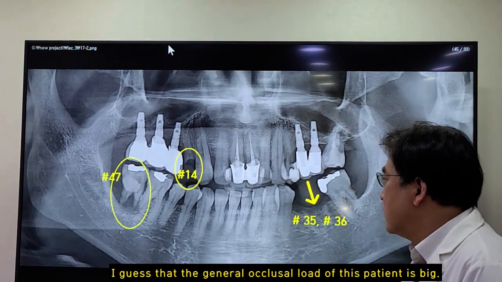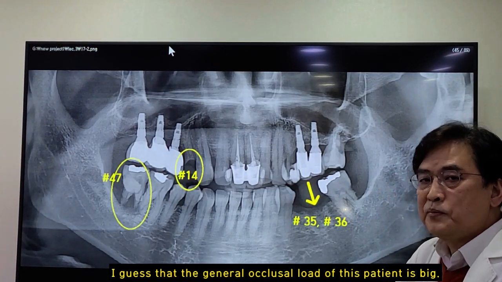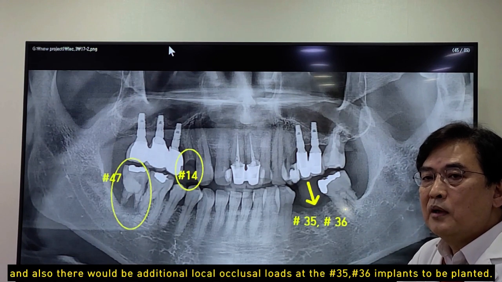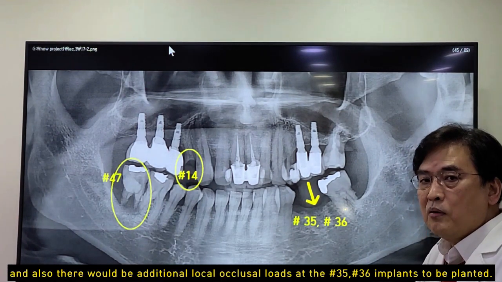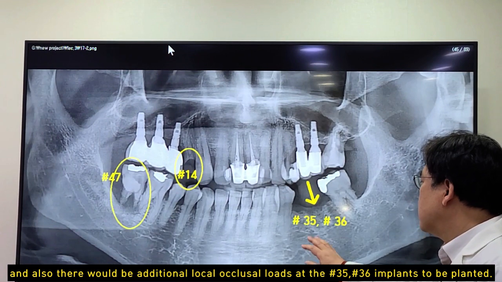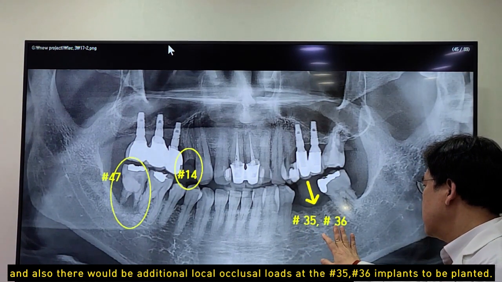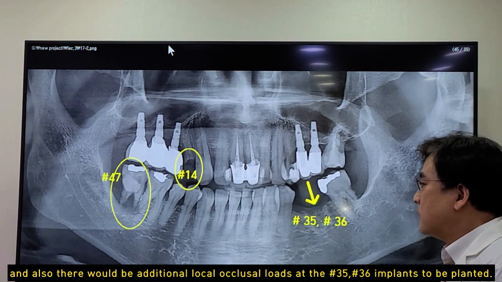I guess the general occlusion load of this patient is big, and also there will be additional local occlusion load at the 35, 36 implants to be planted.